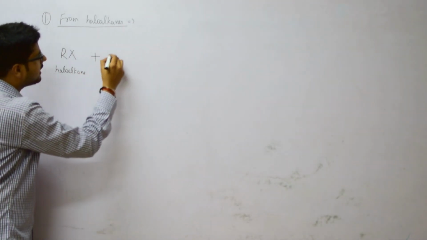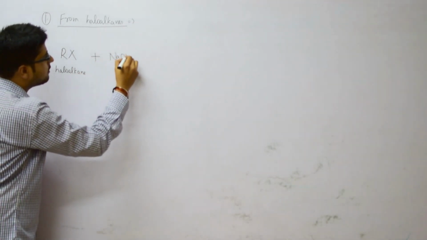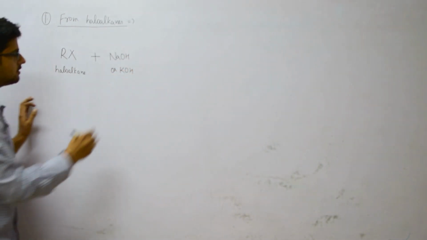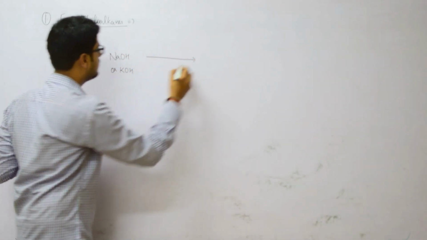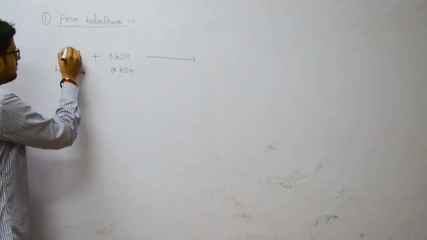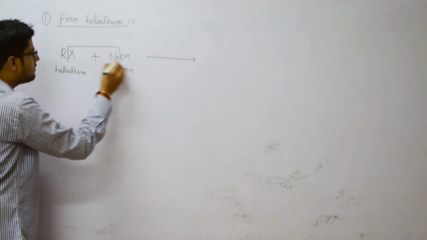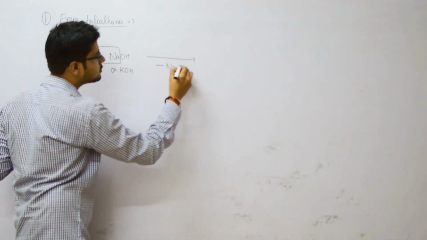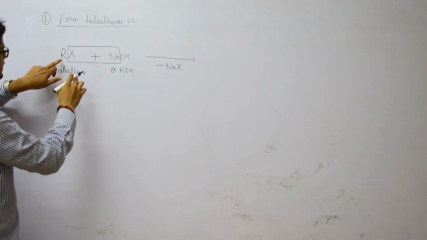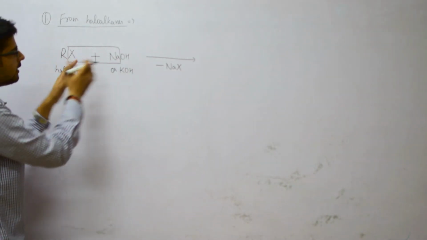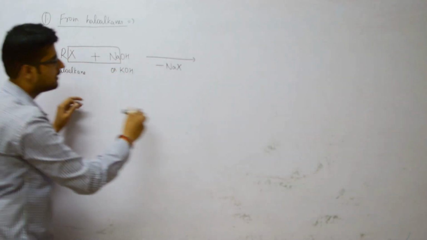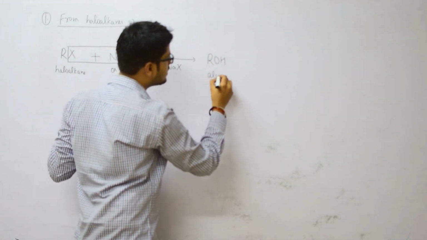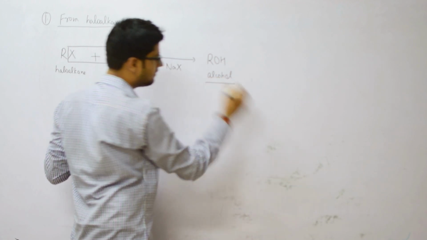When we treat haloalkane with NaOH or KOH, this halogen atom and this sodium atom are eliminated in the form of sodium halide, and this R forms a covalent bond with this OH group, means ROH is formed, and this is nothing but alcohol.